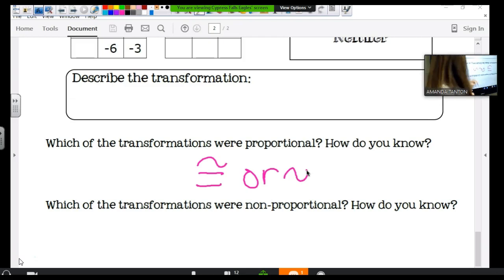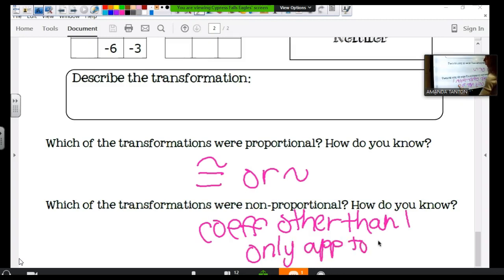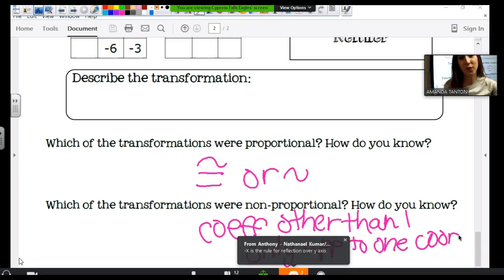And the ones that were non-proportional was when they had a coefficient other than 1, and that coefficient was only applied to one of the coordinates. I hope that makes sense. So my x had a coefficient of 5, but my y didn't, or something like that. If the coefficients were other than 1 and it wasn't applied evenly to both coordinates.